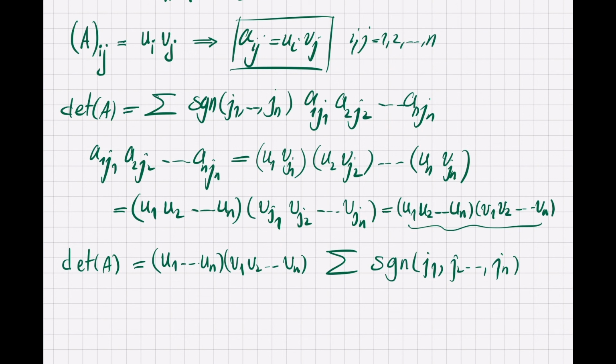But there's also a theorem in abstract algebra that proves that the number of odd permutations is exactly equal to the number of even permutations. So it means that we have the same number of positive ones in this sum as we have negative ones. So if you know that fact, this sum is always equal to 0. So this means that the determinant of A is equal to 0. It's very interesting.